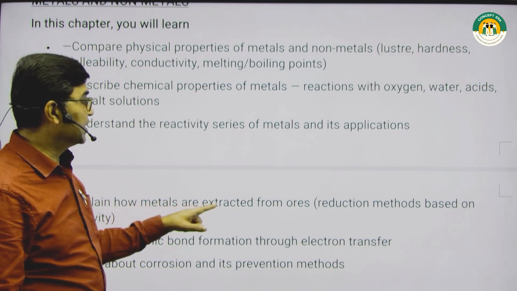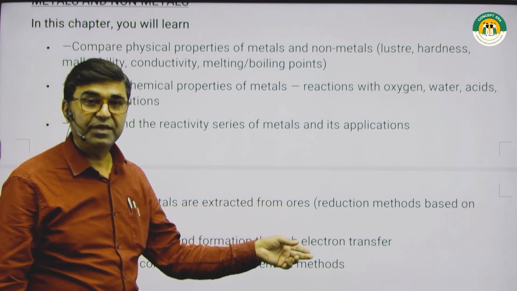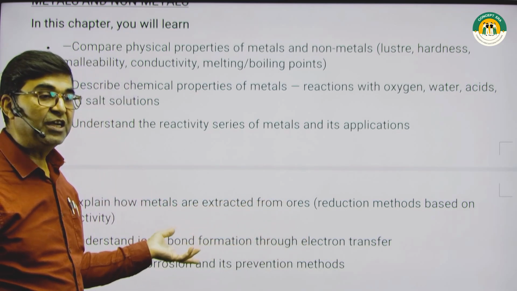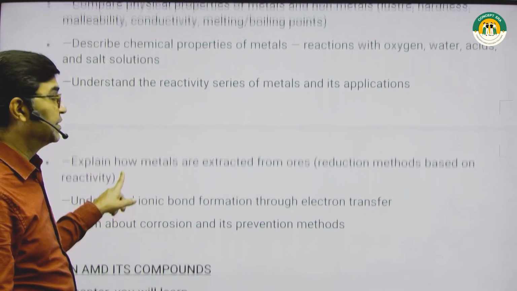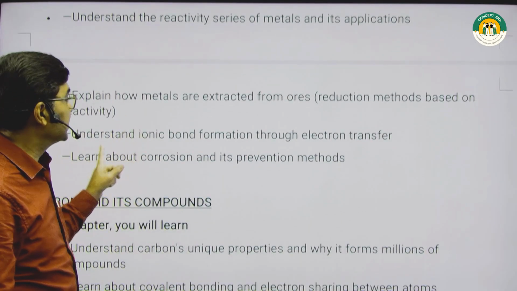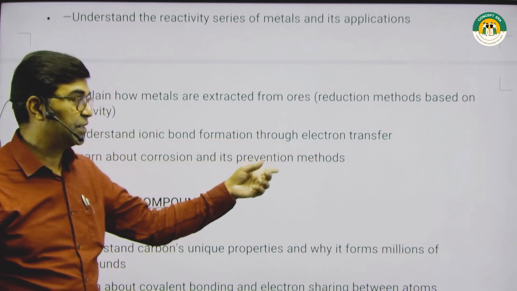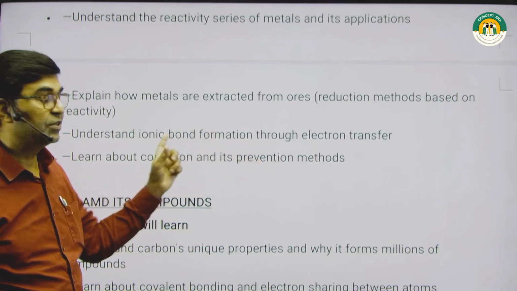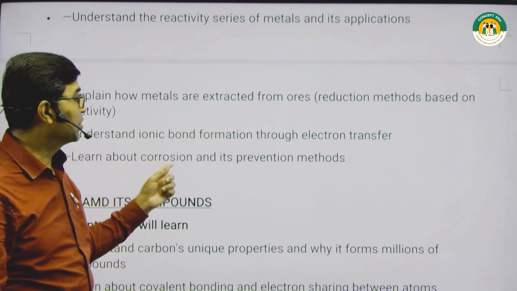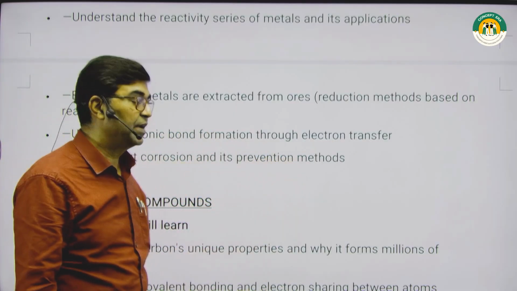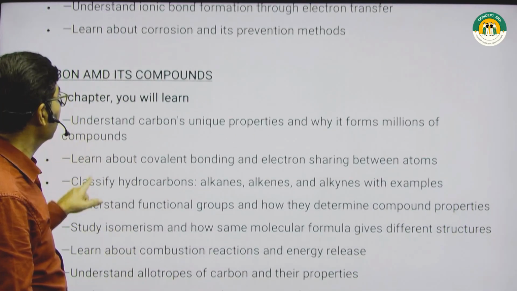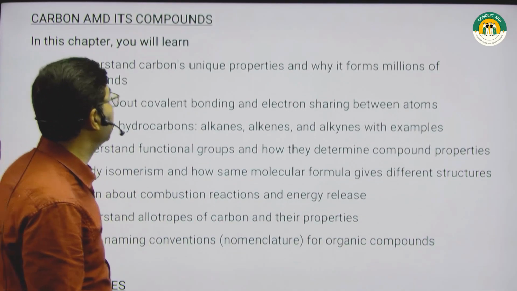Explain how metals are extracted from their ores and differentiate between ores and minerals. Understand the ionic bond through which a metal and a non-metal react together, and learn about corrosion and its preventive methods.